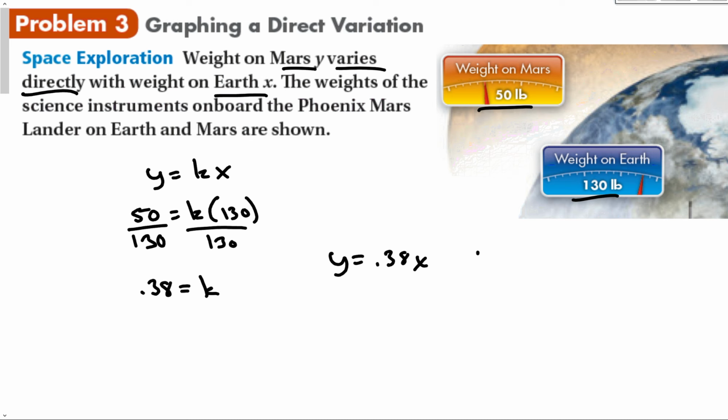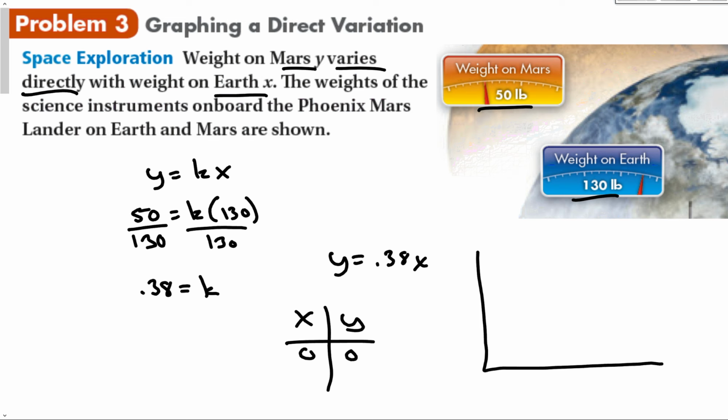So if I wanted to make a graph for this equation, I would start, well, it doesn't make sense to have negative weights here, right? So if x was 0, y would also be 0, okay? If x is 50 pounds, if we plug 50 into my equation, we would get about 19 on Mars.